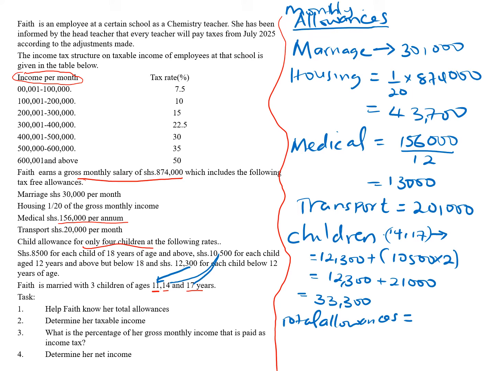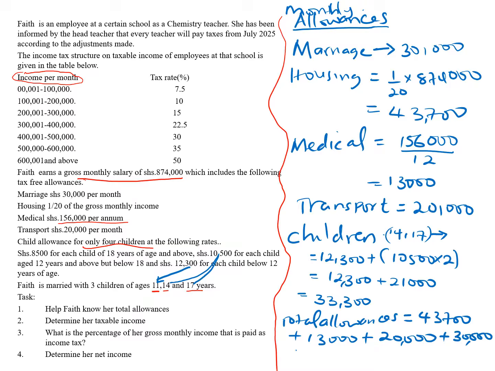Now we are going to find the total allowances. So we shall come and say that is 43,700. Then plus, we shall also add there 13,000. Then plus transport, which is 20,000. And then plus marriage, which is 30,000.